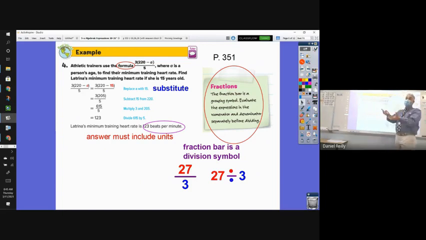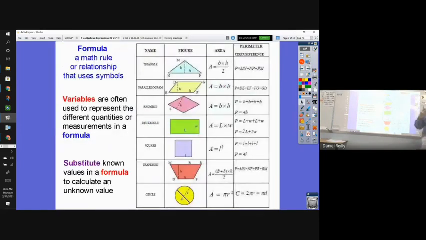Okay, to calculate the area of a rectangle, you have two letters that represent quantities that can change. This page is not in your book, okay? Geometry is the most commonplace at this point in your life that you have used formulas, okay? The formulas for area or perimeters of geometric shapes.